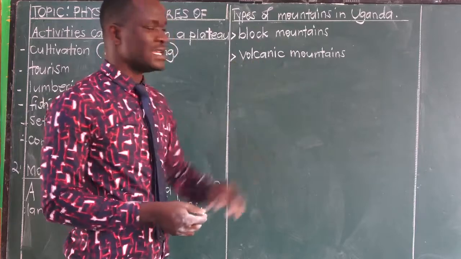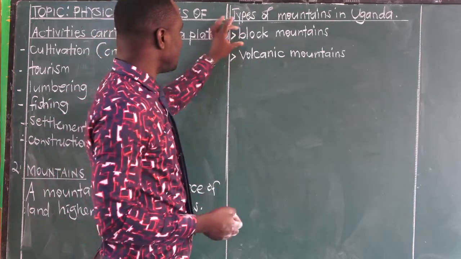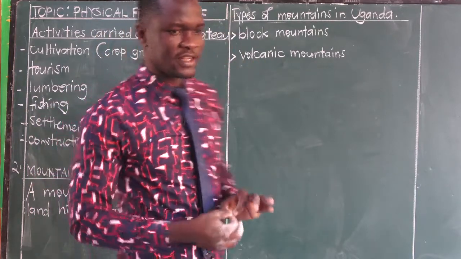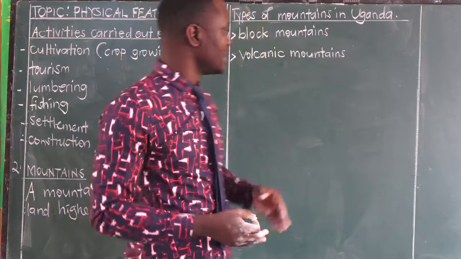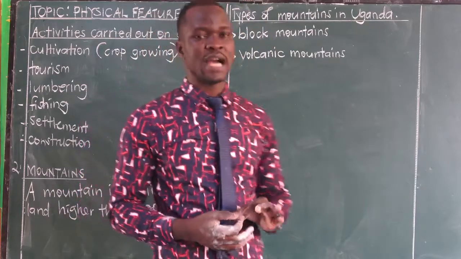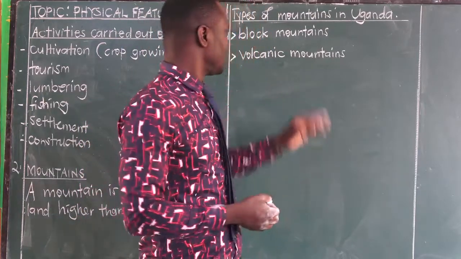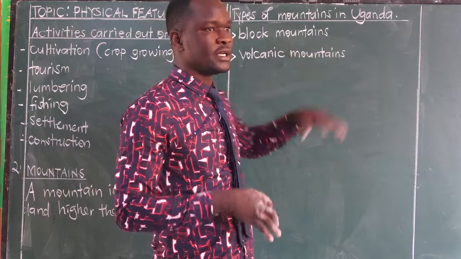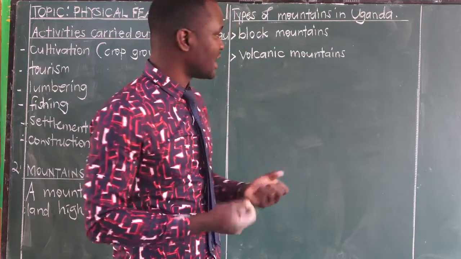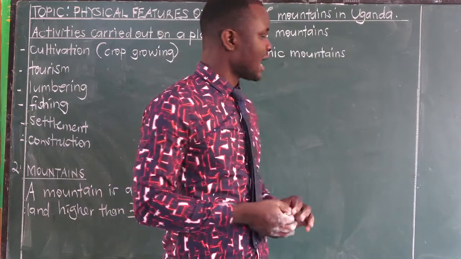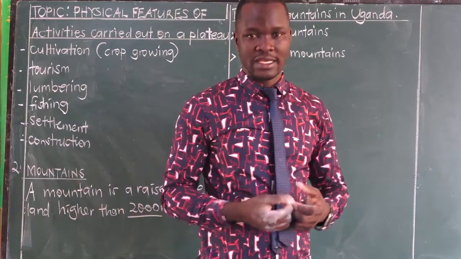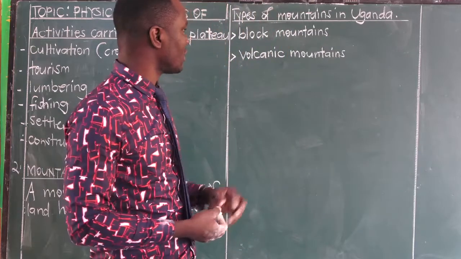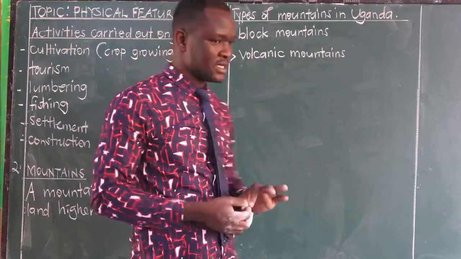we have volcanic mountains. Now the block mountains, something which is very interesting about block mountains is that these are mountains formed as a result of faulting. We shall look at how the faulting began and how it ended, and at the end of it all, a block mountain was formed.